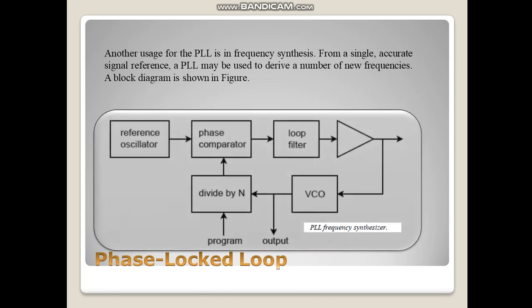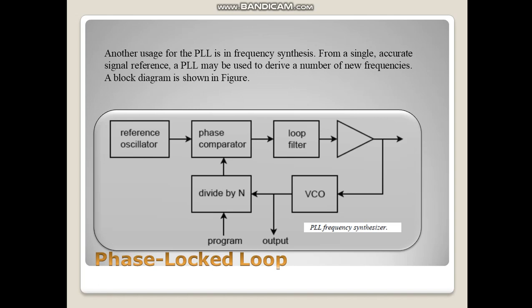The block diagram is shown below. In this block diagram, we have a reference oscillator, a phase comparator, a loop filter, a lag form, and the output given to the feedback through the VCO to the divide by n module, which is programmable and divides the frequency by n.